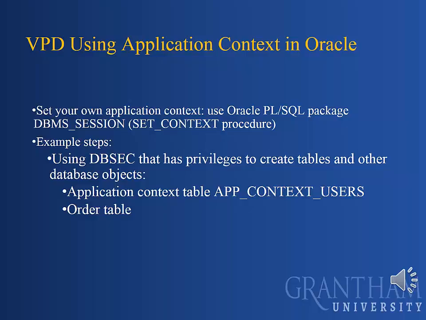So you're enabling the user clerk to retrieve all the orders, but the user that's a customer position would only see the records that were associated with that particular customer. With that, you're controlling what can be done with the PL/SQL package.